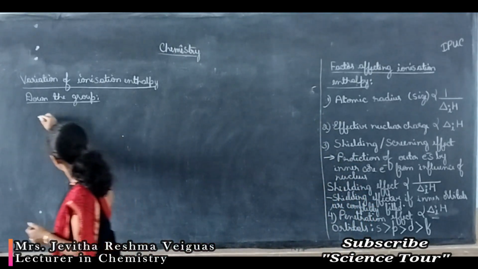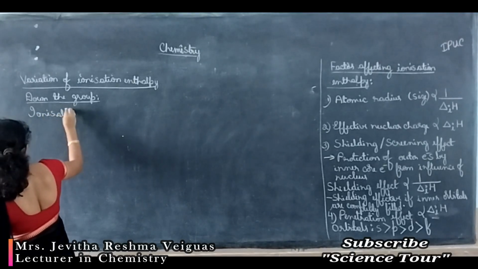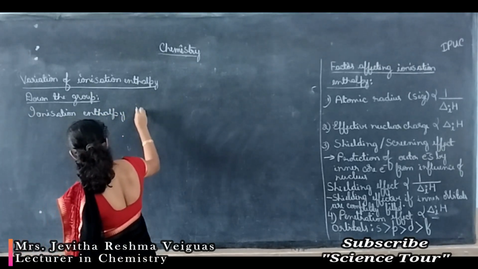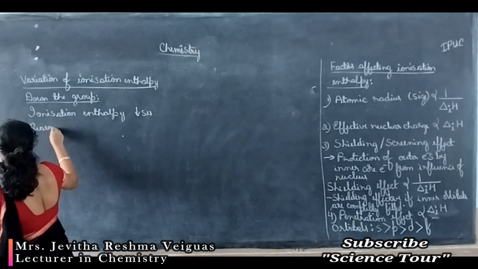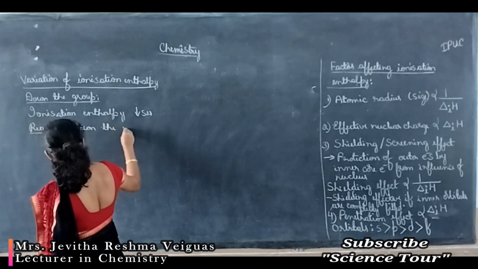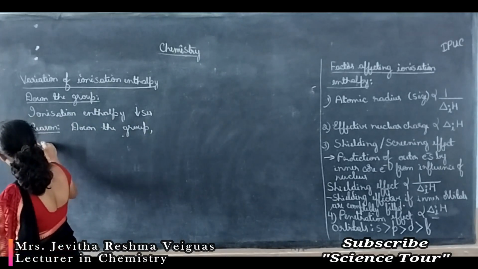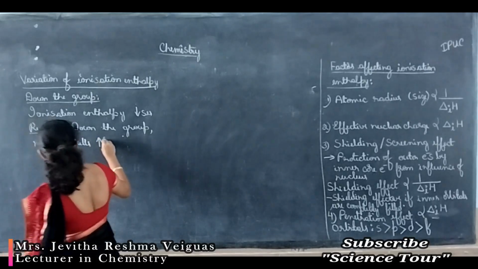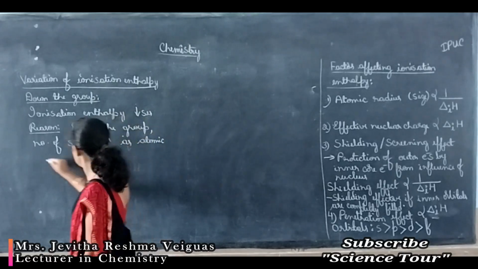So we can say down the group ionization enthalpy decreases. Reason for this is, down the group, number of shells increase as atomic number increases.